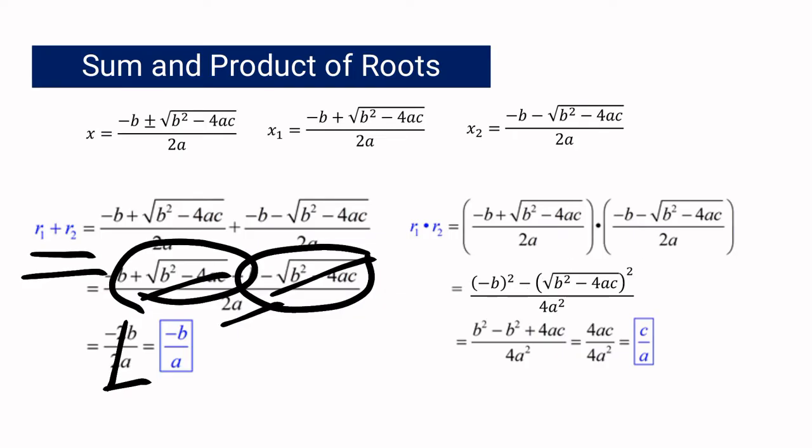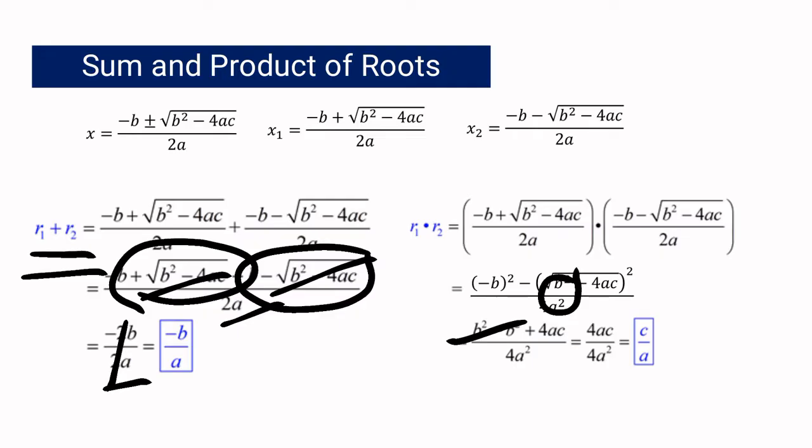But take note, the operation here is subtraction. The rule in subtraction is that you need to change the sign of the subtrahend. So if you are going to change the sign of the subtrahend, b squared will become negative and then 4ac will become positive. So in the resulting expression, b squared minus b squared is equal to 0.